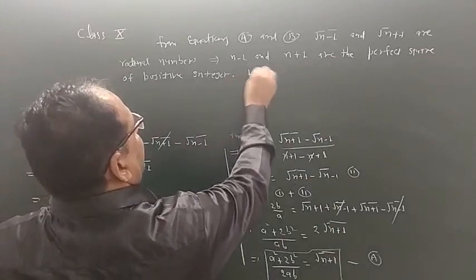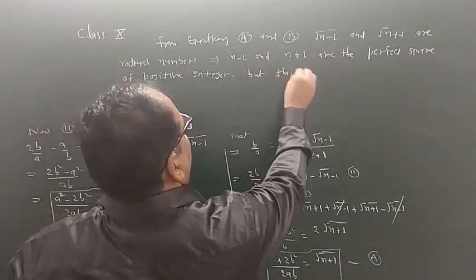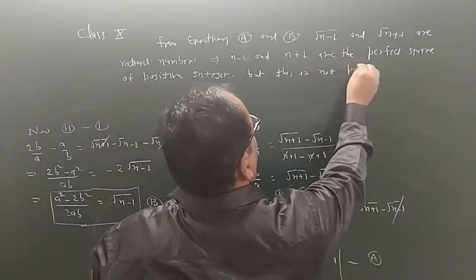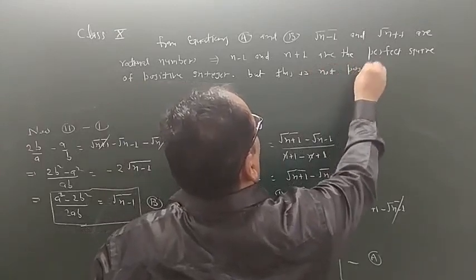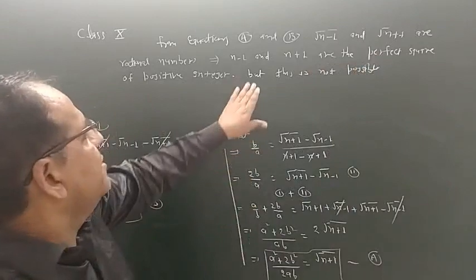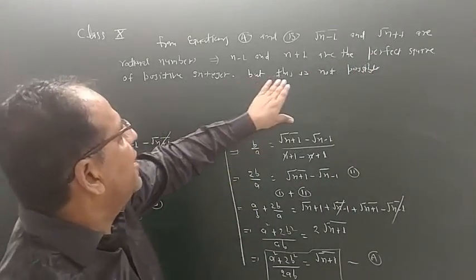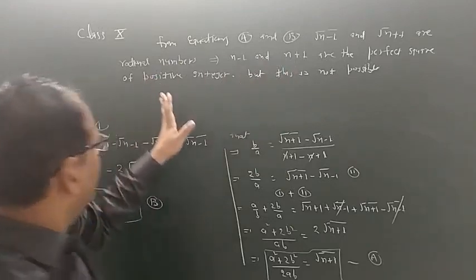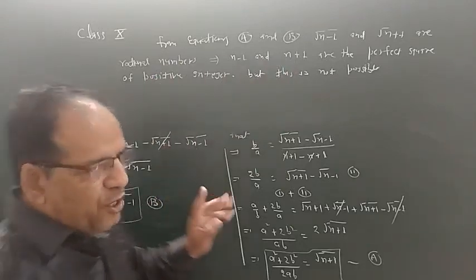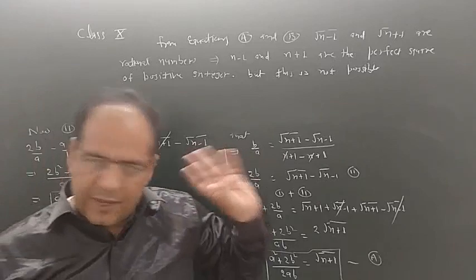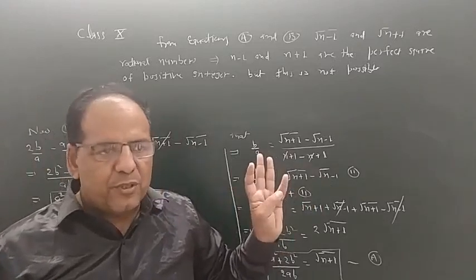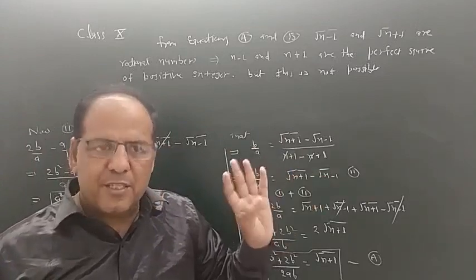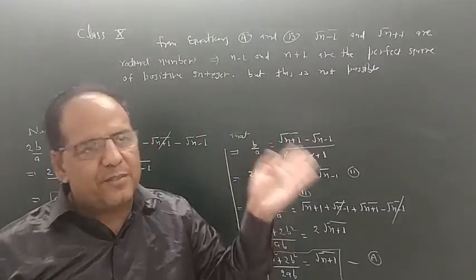But this is not possible. Why? What is the reason behind it? N minus 1 and n plus 1 are the perfect squares of positive integers. We know that the first perfect square is 1, second is 4, so the difference is 3, third is 9, so the difference of 4 and 9 is 5, next is 16, so the difference is 7.